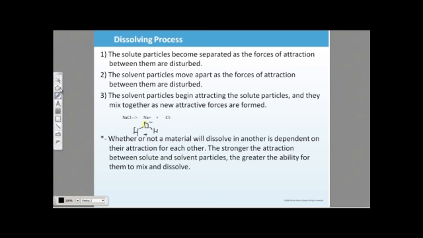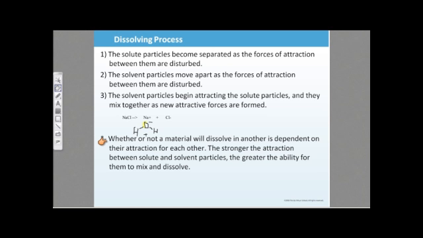Now, how well something dissolves, an important thing to note here at the bottom, is really dependent on the attractive forces. Basically, if the attractive forces between the solvent and solute are greater than the attractive forces between the particles within the solute, then it will dissolve quite easily.